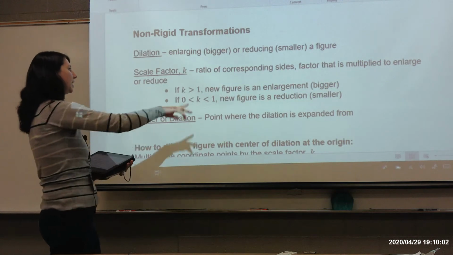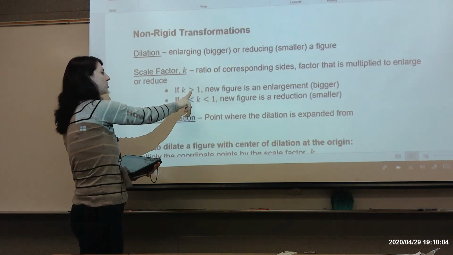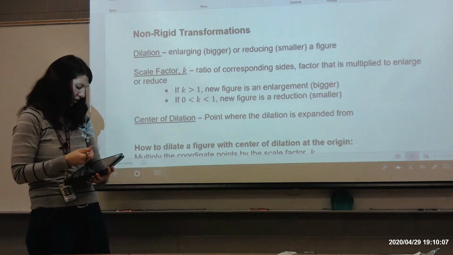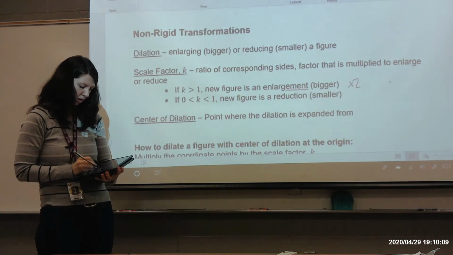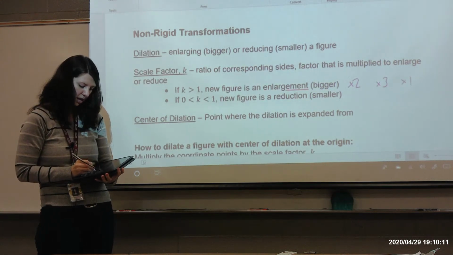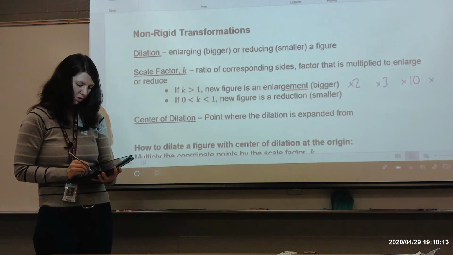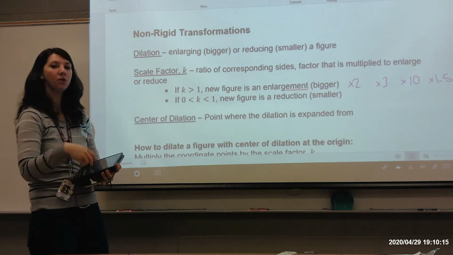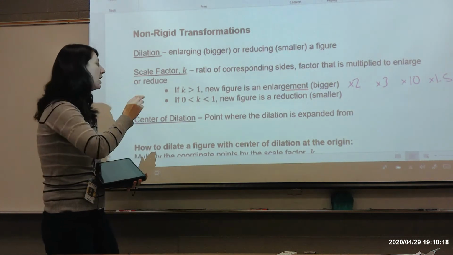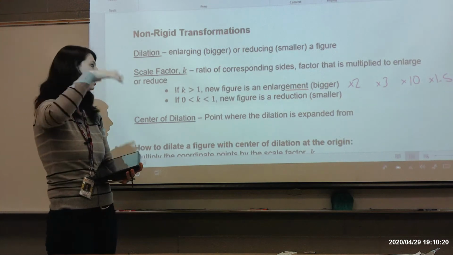Okay? If K, your scale factor, is greater than 1, so like multiply by 2, or times 3, or times 10, even times 1.5, if it's bigger than 1, your shape is going to be an enlargement. Right? We're going to get bigger.